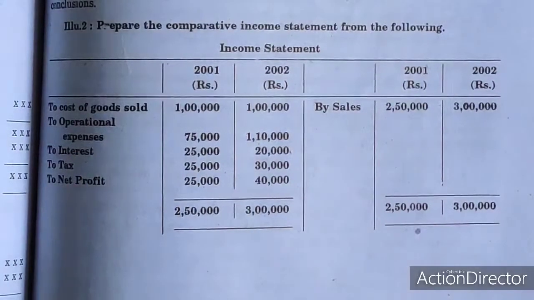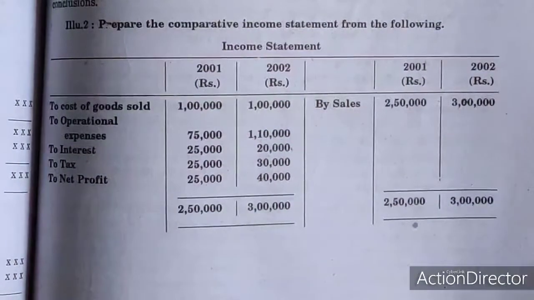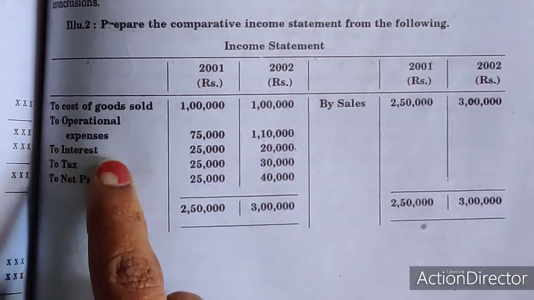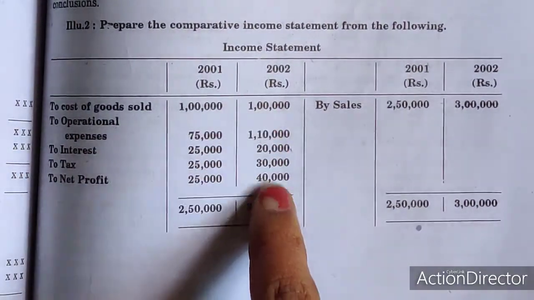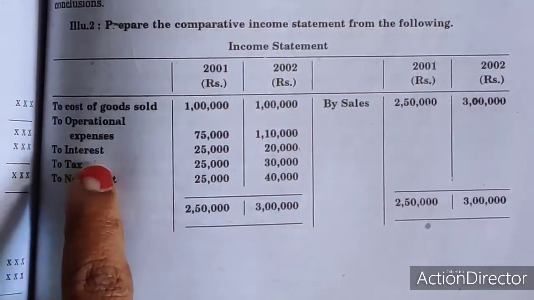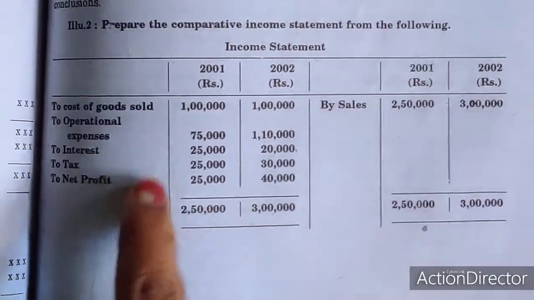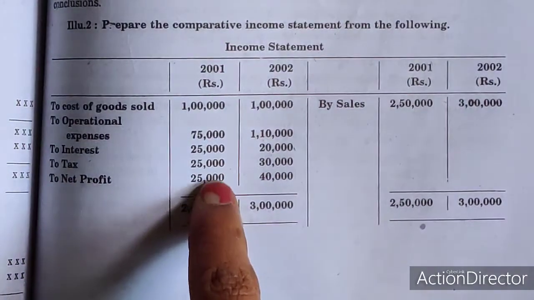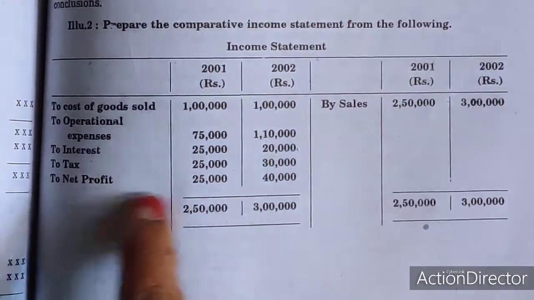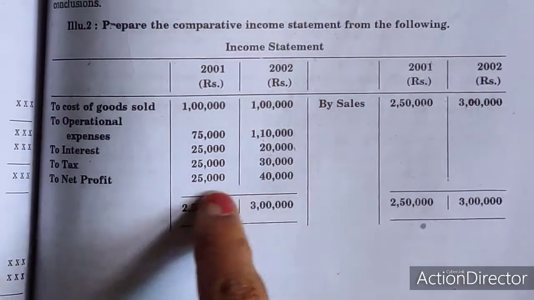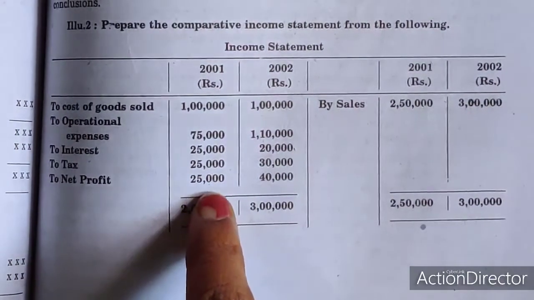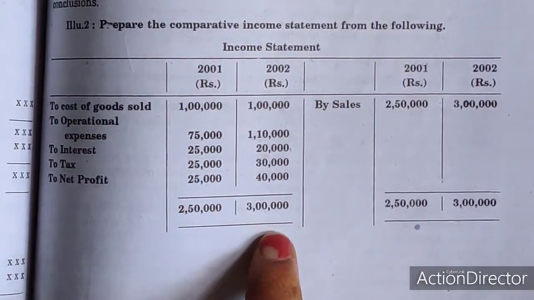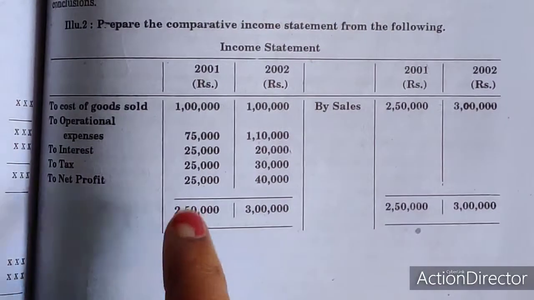Here we are given the operational expenses in 2001 and 2002, the interest we have paid in 2001 and 2002, the tax we have paid in 2001 and 2002, and the net profit we got here. Okay, so this is the information given in the problem.